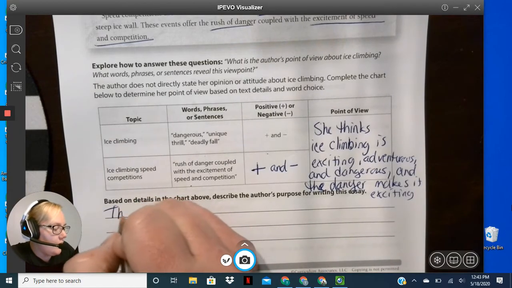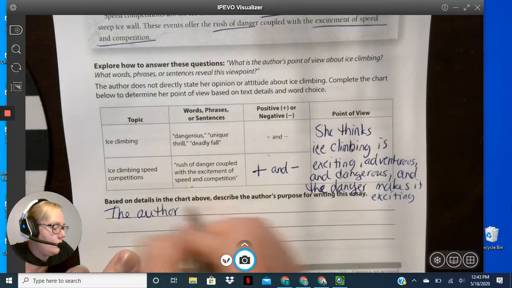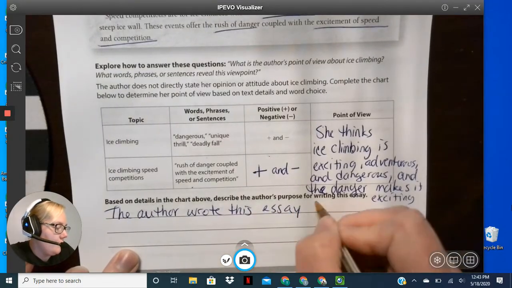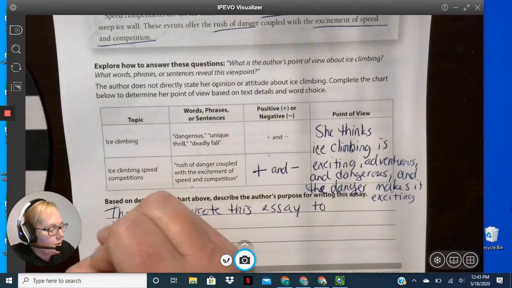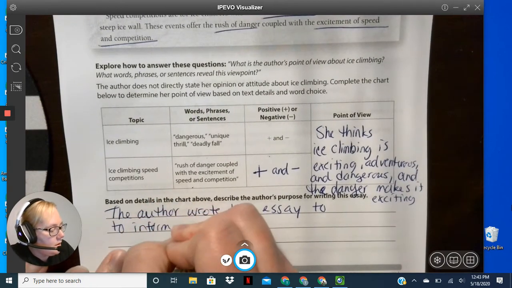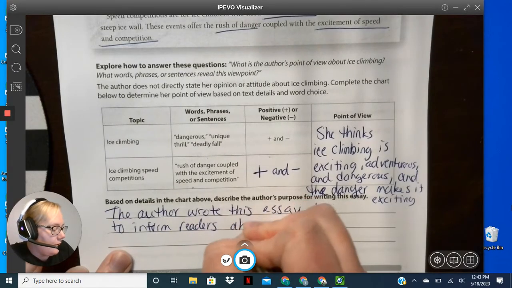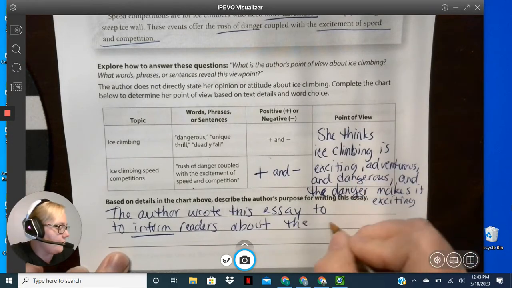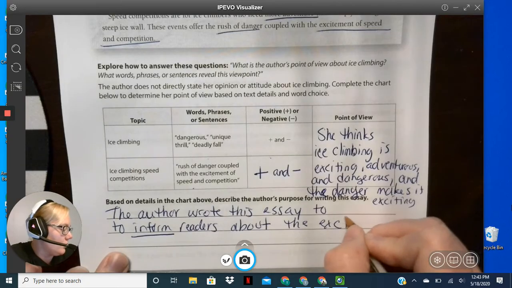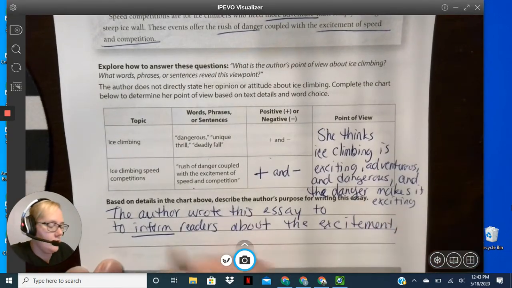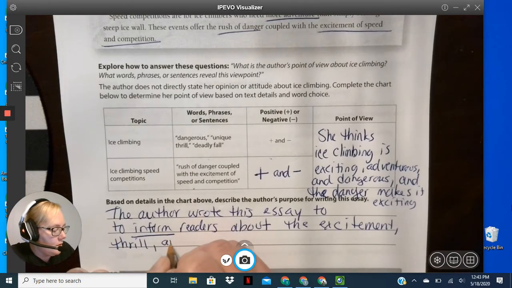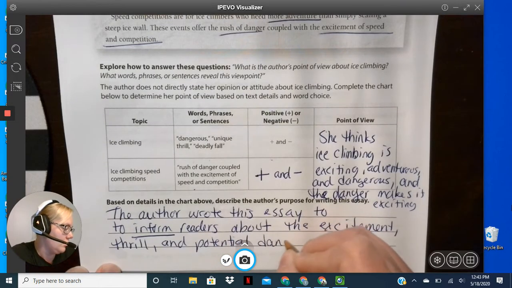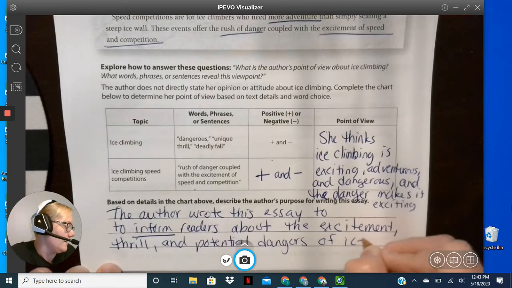I would say that the author wrote this essay to inform readers about the excitement, thrill, and potential dangers of ice climbing.